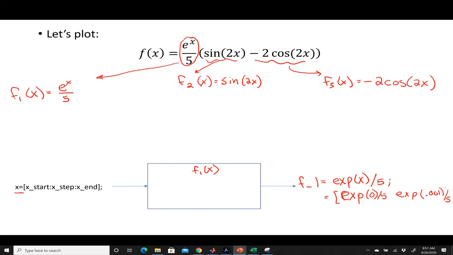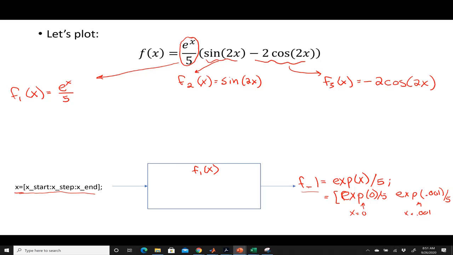So this is the value when x equals 0. This is the value when x equals 0.001. It's just going to continue on like that throughout the whole thing. I had a row vector coming in from my x, so I have a row vector coming out from my function. And I would do the same thing for f2.